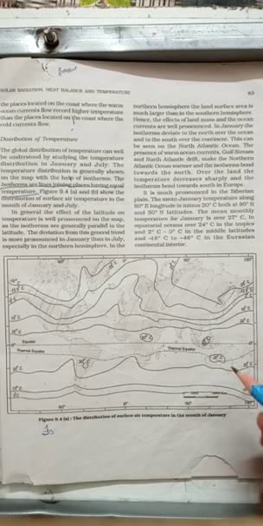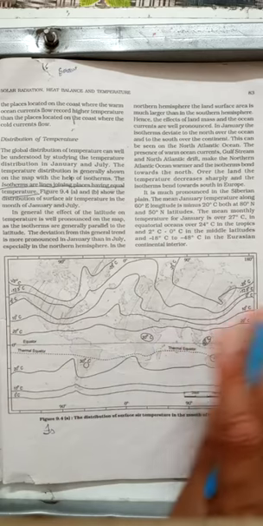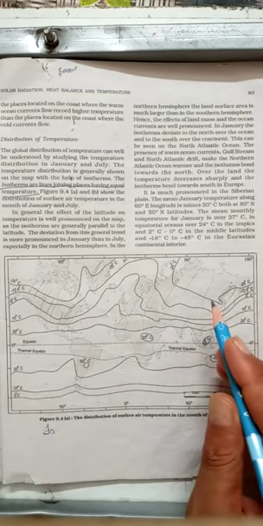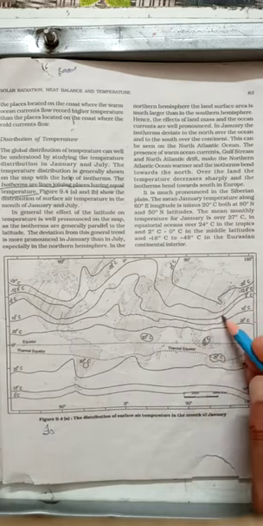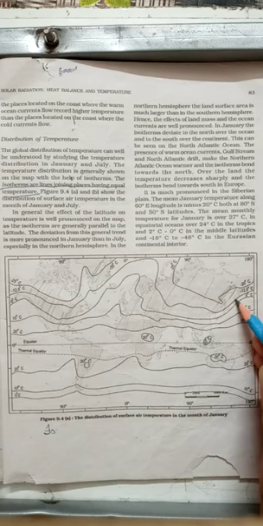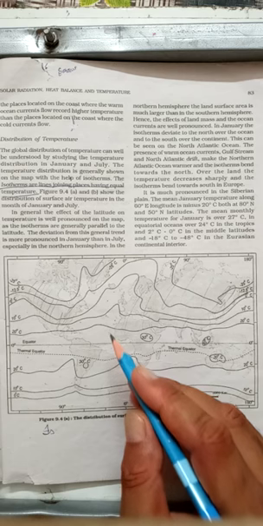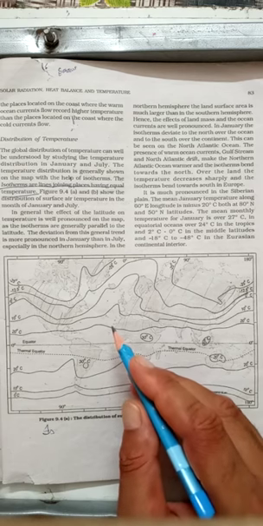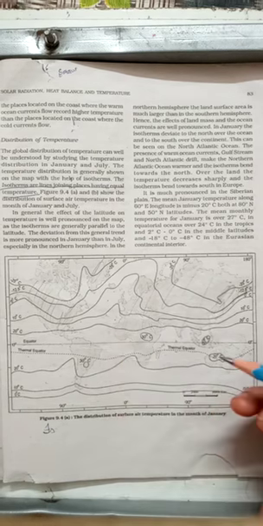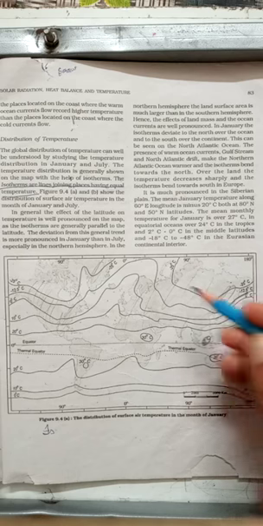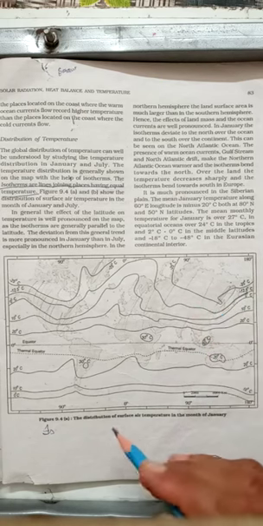Isotherms, while passing from continent to ocean, either east or west, get distorted at their margins. You can see they are moving toward the north or south. The magnitude of deviation in the east-west trend of isotherms is larger in the northern hemisphere than the southern hemisphere.